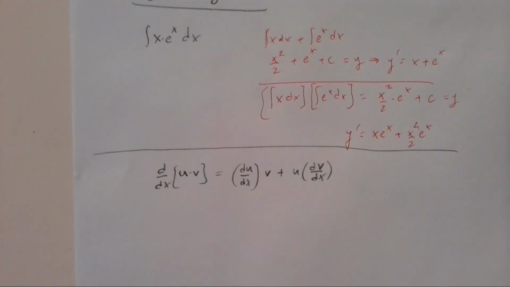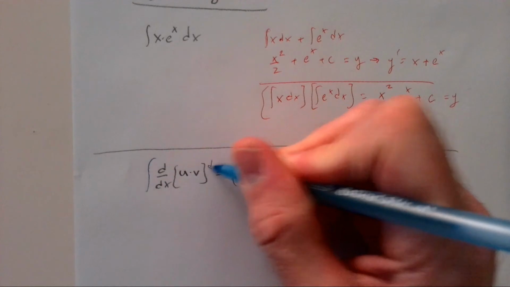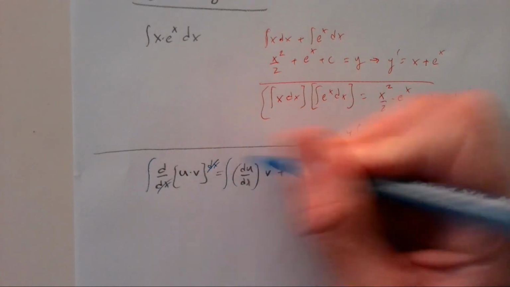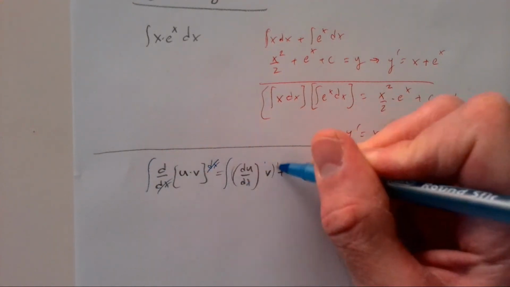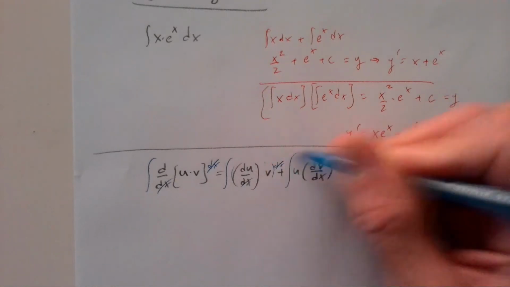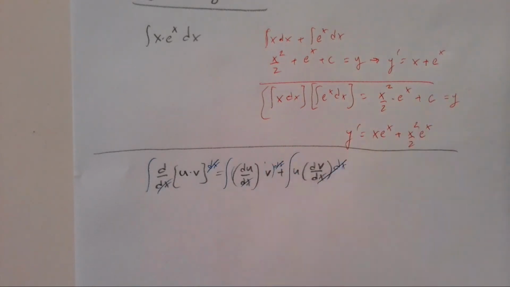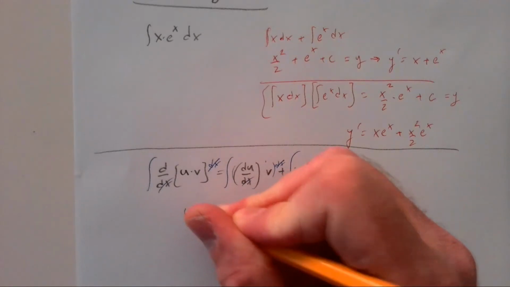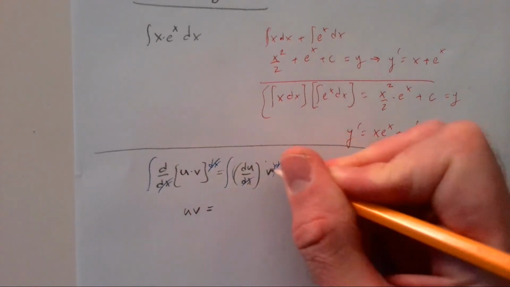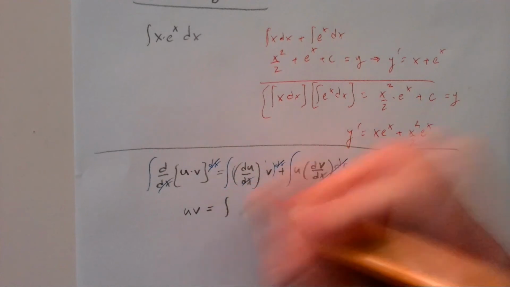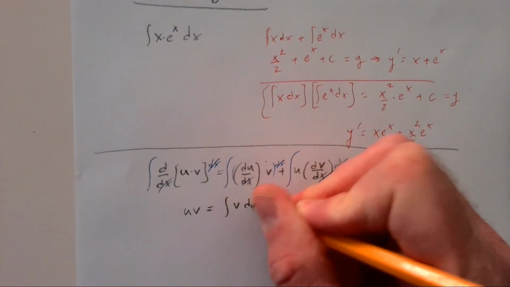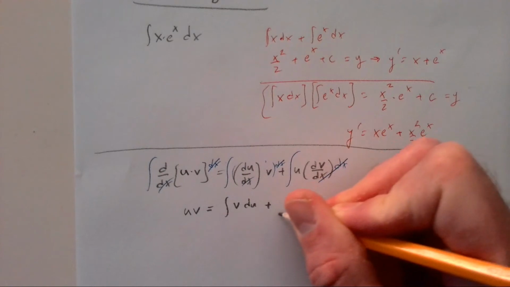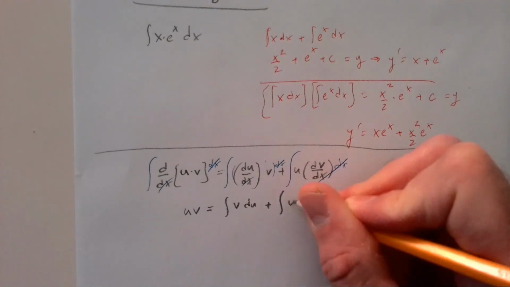If we were to integrate this thing with respect to x on both sides, you would come up with, I should say we will integrate both sides with respect to x, so we will get uv equals the integral of v times du plus the integral of u times dv.